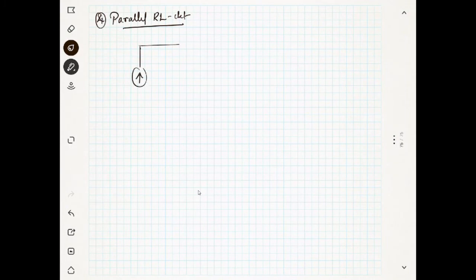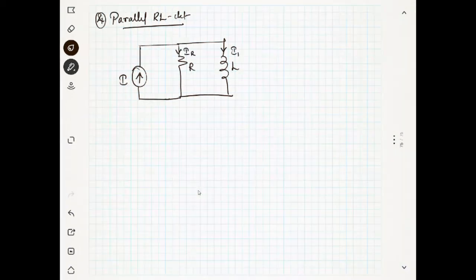So this is the current I, and this is the R, and you have an inductor L. Now this is the current IR, and this is the current IL. Now what will be the same here? Voltage will be the same, right?